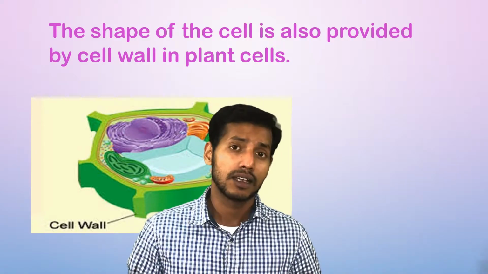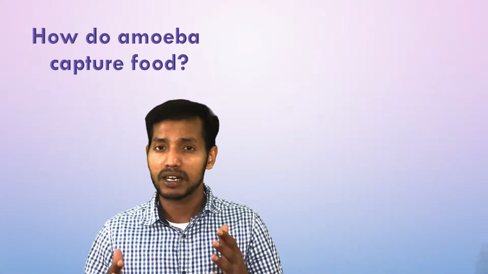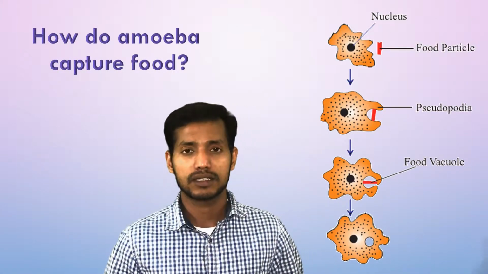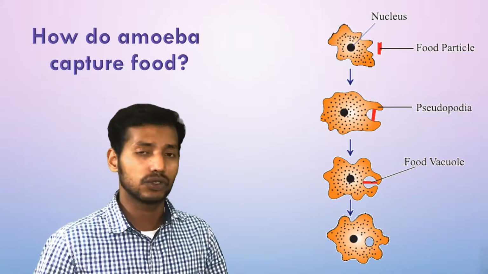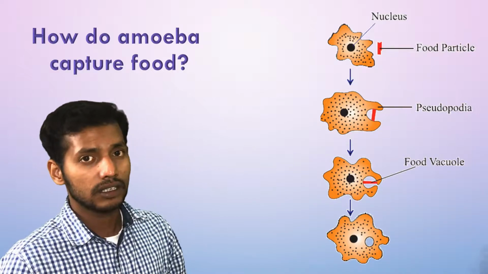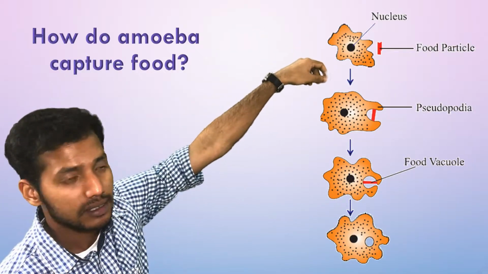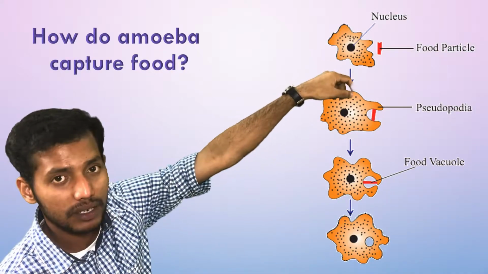I already said that a unicellular organism performs all the necessary functions that a multicellular organism performs. So we can take an example of amoeba. How does amoeba capture food? Here you can see the picture. When food particles come near the amoeba, what will happen?